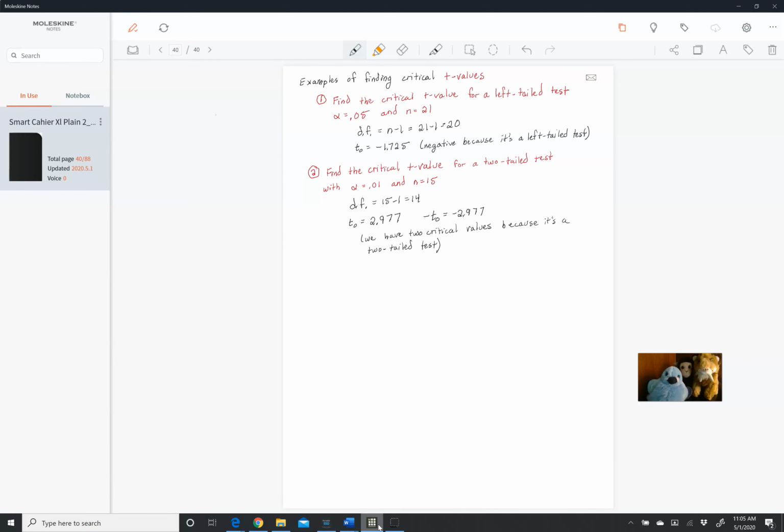Finally, let's do a right-tailed test. You can see that the test is just telling us positive or negative, essentially. So we want to find the critical T value for a right-tailed test.